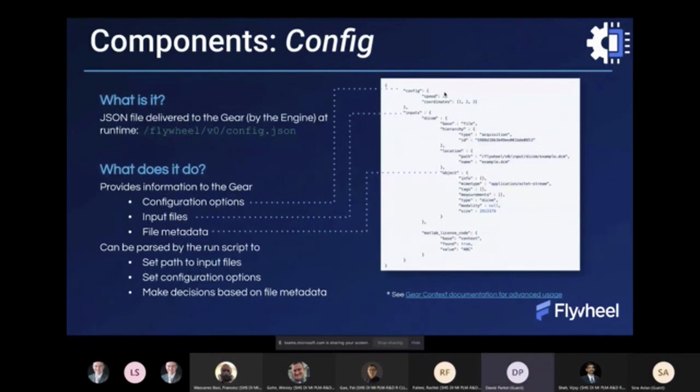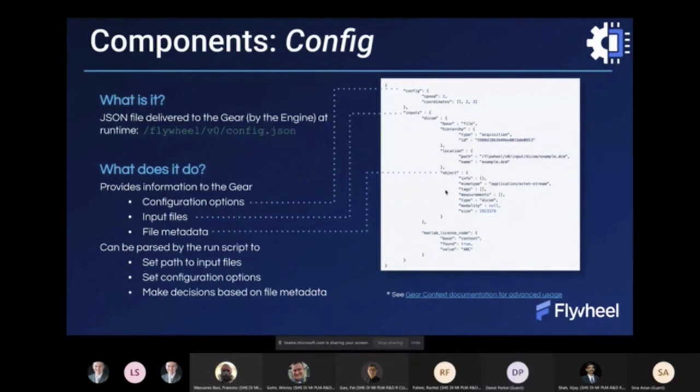But this is typically what it looks like. It has the config setting. This matches the config section of the manifest. Any options like thresholds or input options that you could do from the keyboard. It has an input section, matches the manifest. Any inputs you specified there. Some information about it. Usually you're only interested in the location. This is where it is on the Docker image.